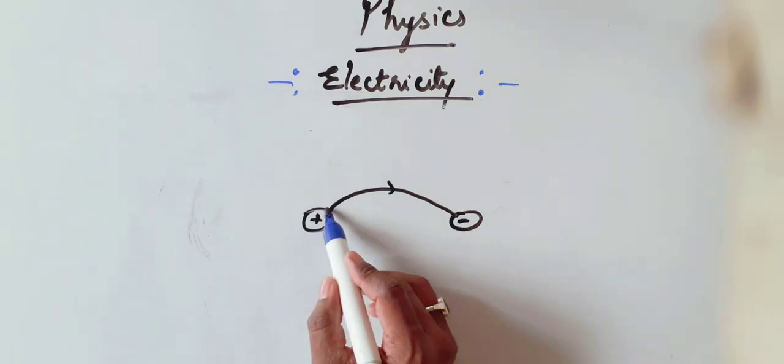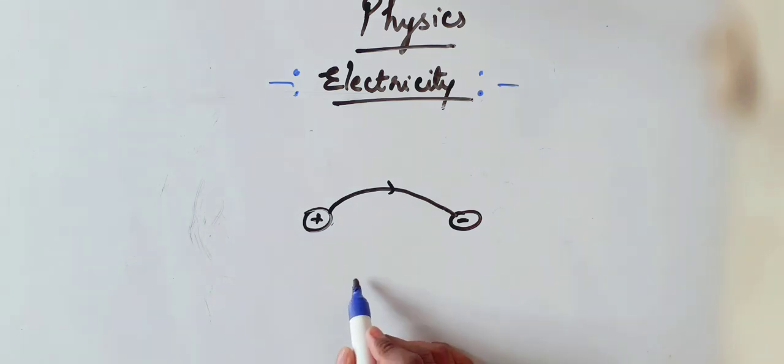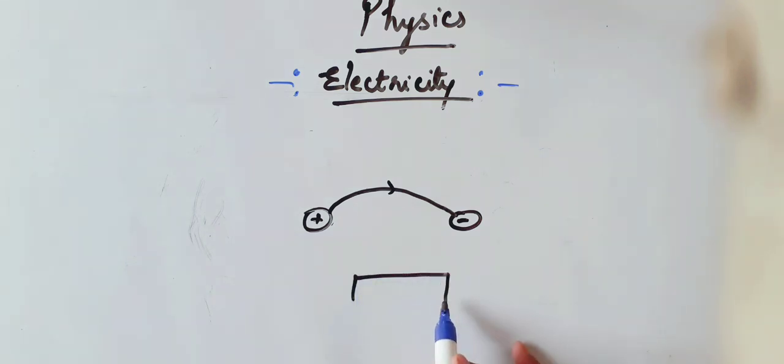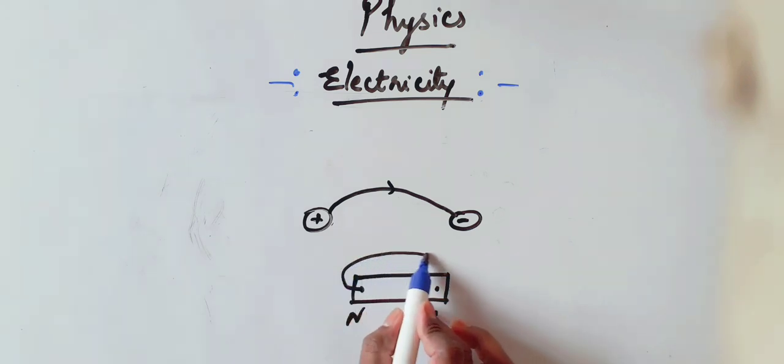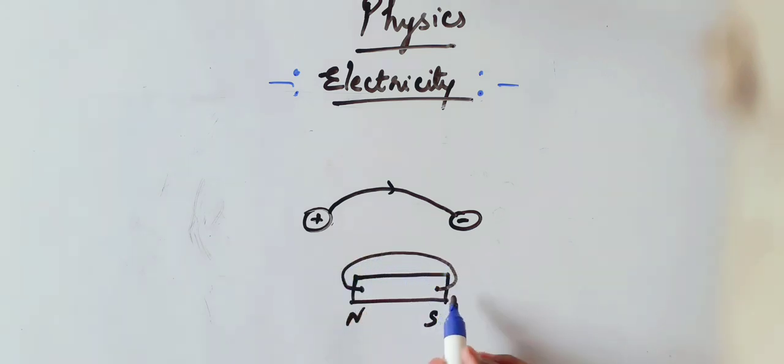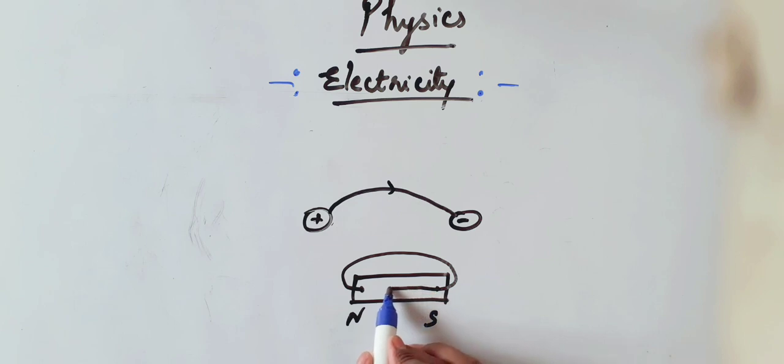What do you mean by a closed loop? I am giving an example. In the case of a bar magnet, the magnetic field lines emit from the north pole and come to the south, but inside the magnet the magnetic field lines go from south to north.